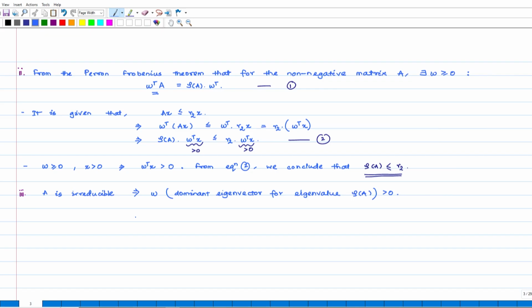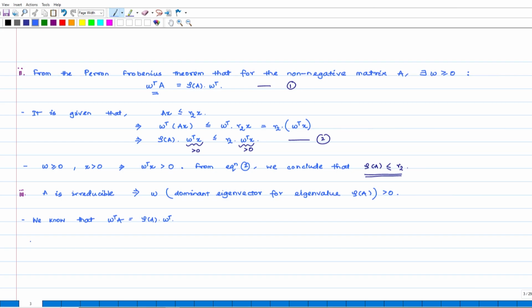Since w is an eigenvector, we have the condition w transpose A is equal to rho of A times w transpose.